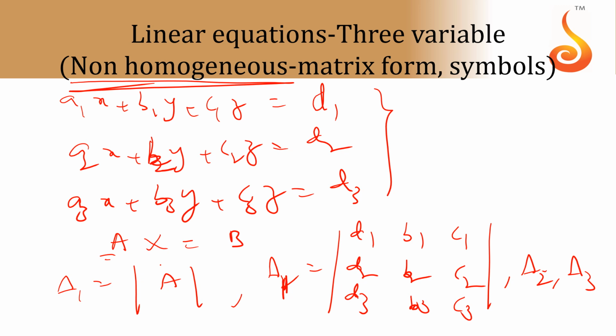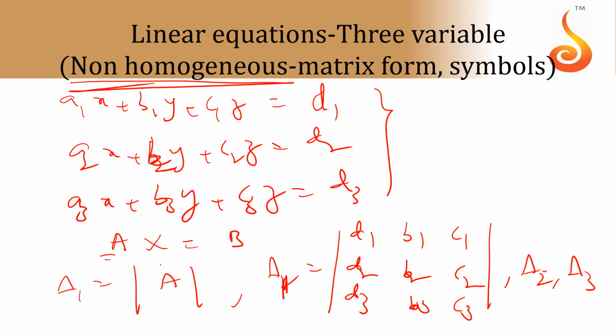Delta 2 means second column with d1, d2, d3. Delta 3 means third column with d1, d2, d3. So these are the symbols. So here also Cramer's rule is there. X will be delta 1 by delta, y will be delta 2 by delta, z will be delta 3 by delta. Matrix inversion is also there. X equals A inverse into B.